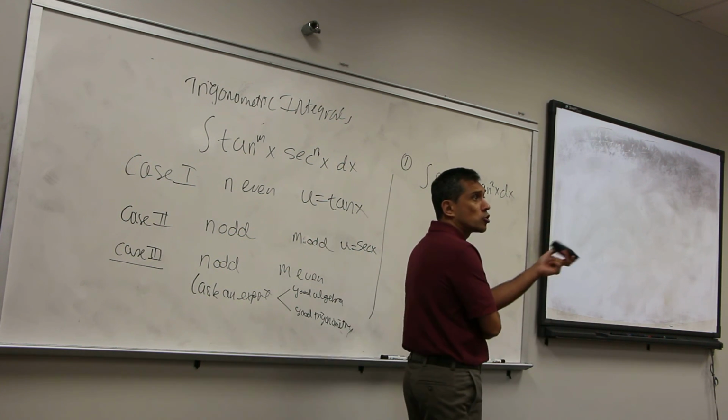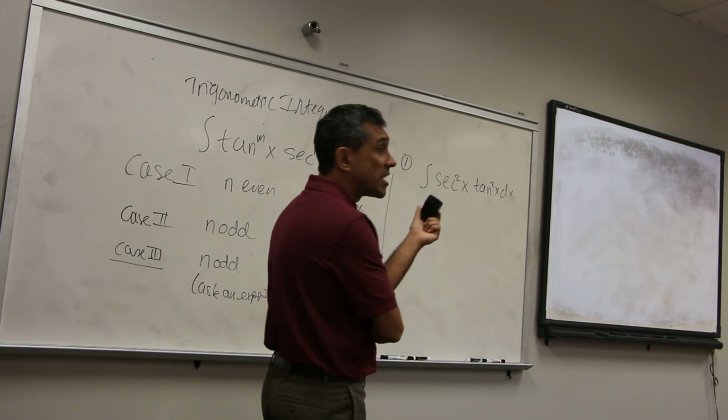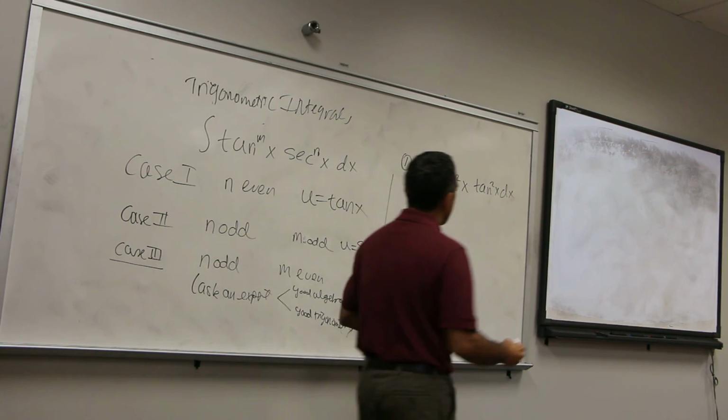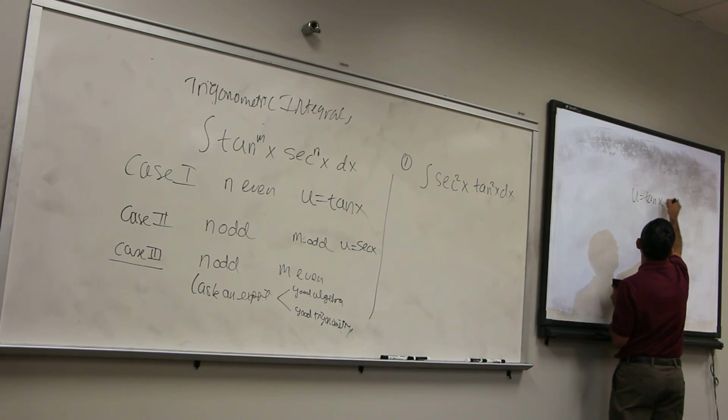So we're going to make the substitution what? U is equal to tangent x. And so we'll need the derivative. What is the derivative?